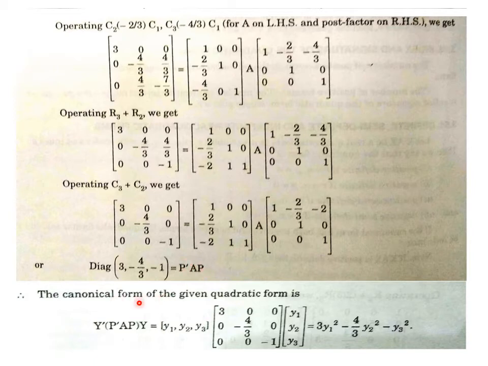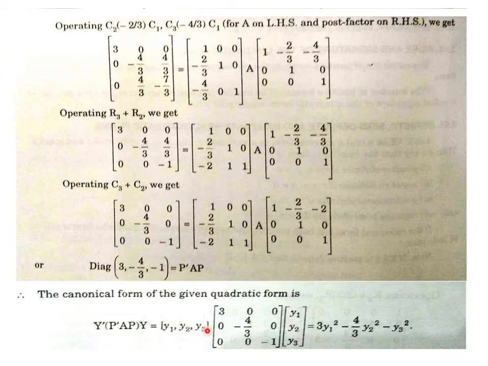Now the formula for the canonical form was Y dash P dash AP into Y, because it was the diagonal form in between, with Y dash and Y there. Y means the column Y1, Y2, Y3, and Y dash is its transpose, the row Y1, Y2, Y3, and in between that diagonalized matrix is written.